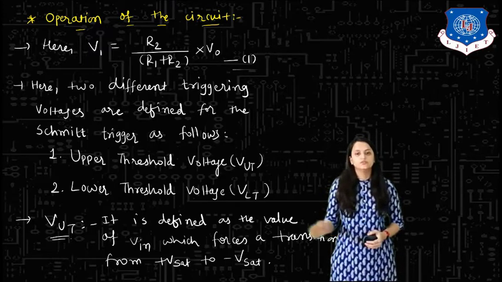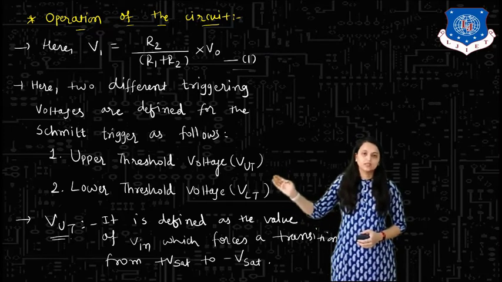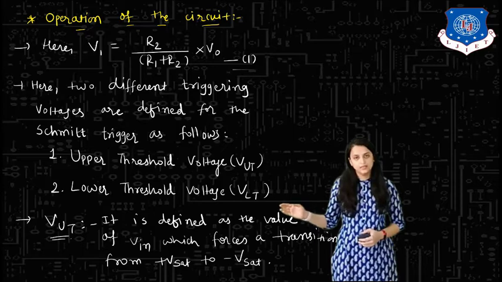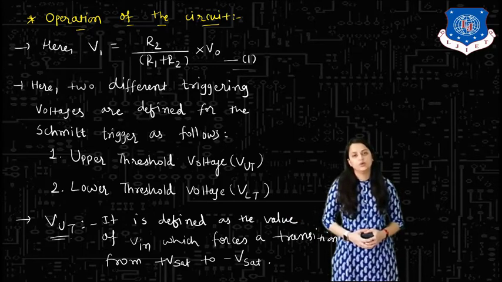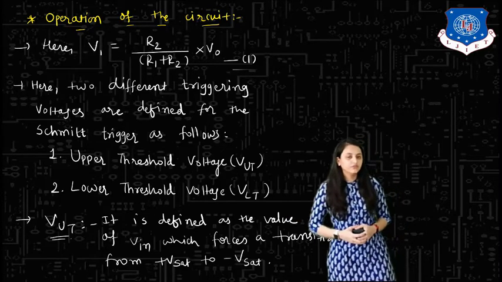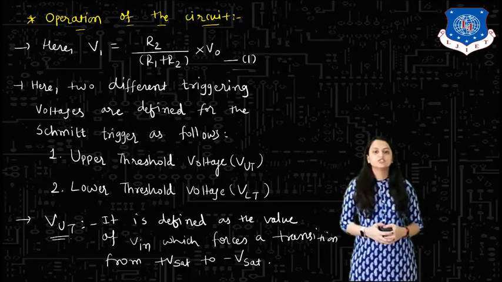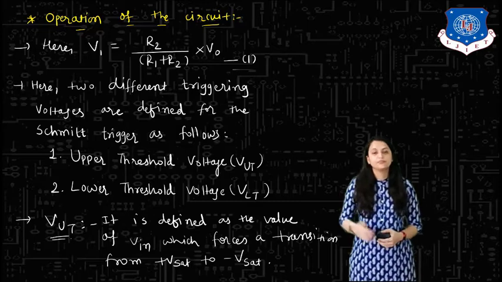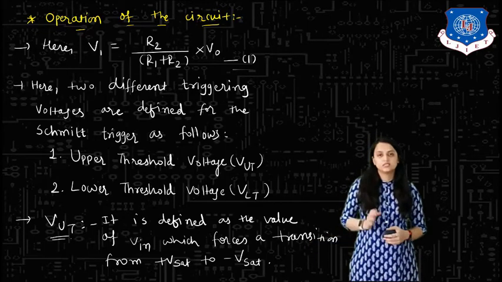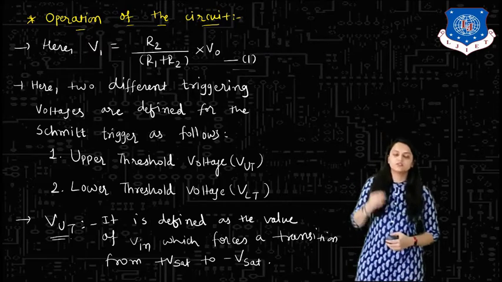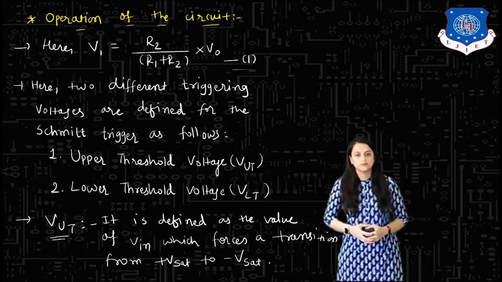The first one is VUT, that is the upper threshold voltage, and the second one is VLT, that is the lower threshold voltage. VUT is defined as the value of Vin which forces a transition from plus Vsat to minus Vsat. It is the upper threshold voltage which gives the transition from plus Vsat to minus Vsat.